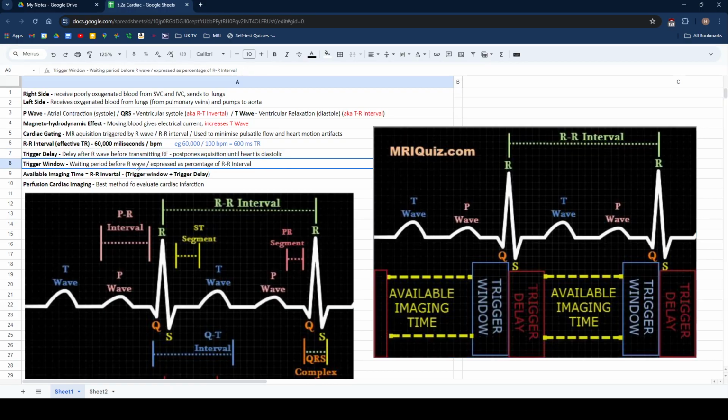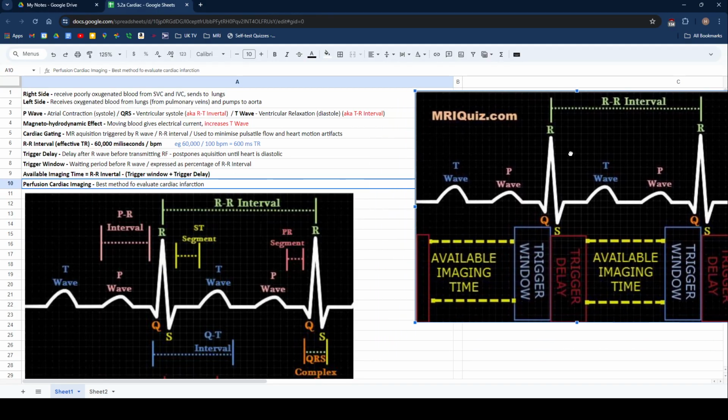Trigger window is the waiting period before the R wave, expressed as a percentage of the RR interval. Available imaging time equals the RR interval minus the trigger window plus the trigger delay. So these two boxes are taken out of this box. Perfusion cardiac imaging is the best method to evaluate for cardiac infarction.